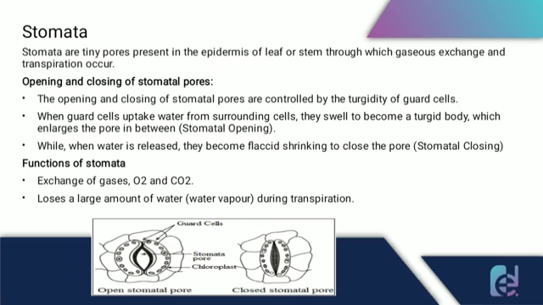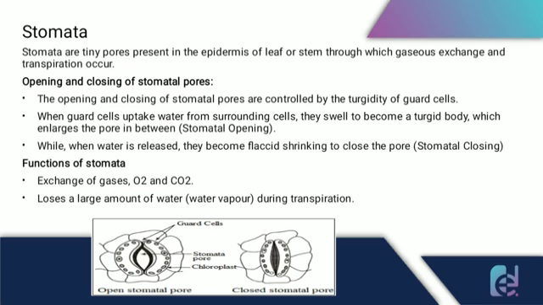They swell, so they become turgid, which causes the pore to enlarge or open. So this is known as stomatal opening. And when the water is released, they again shrink to their original size, and thus the pore again becomes smaller or it closes. So this is known as stomatal closing.